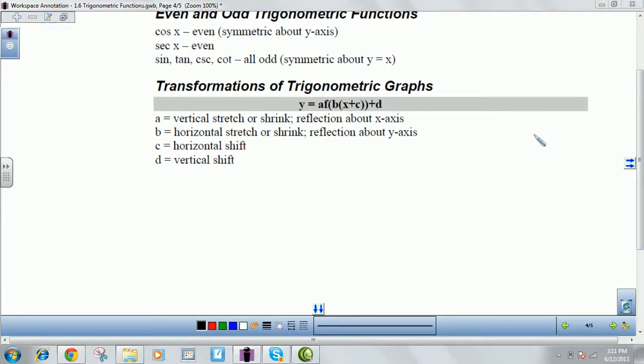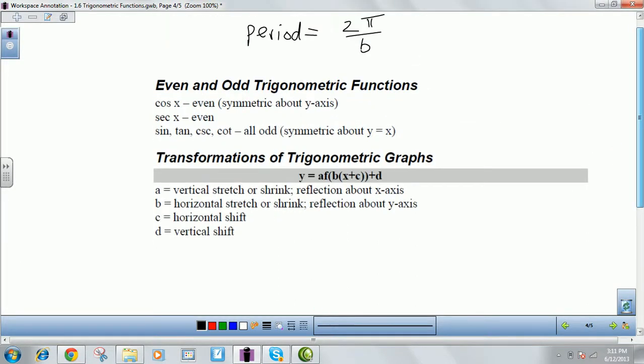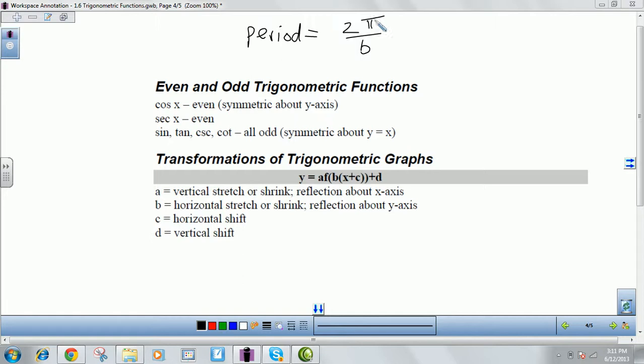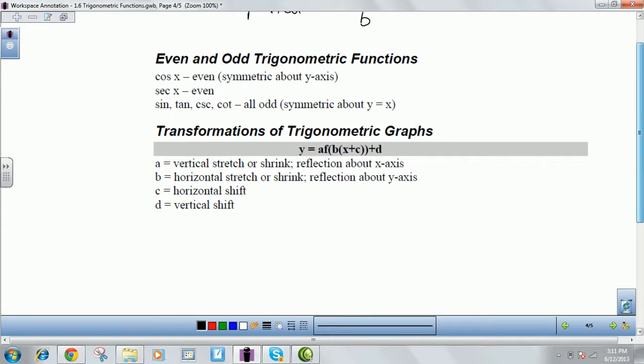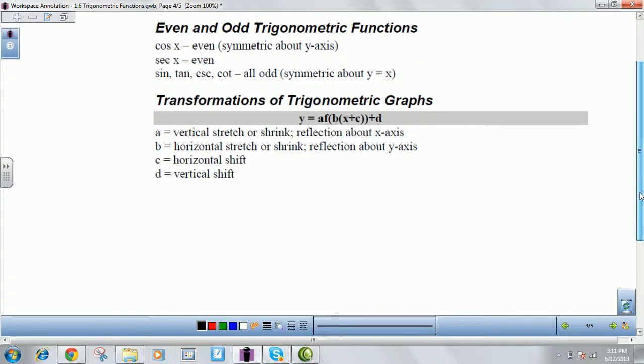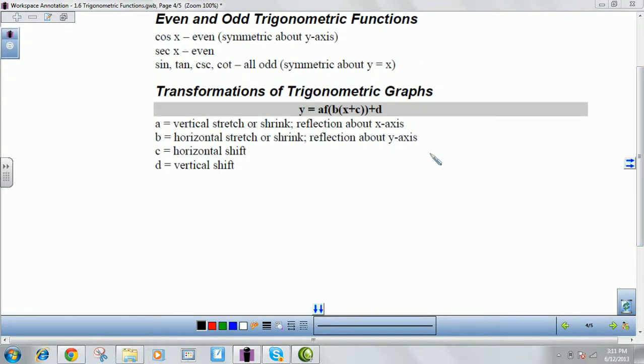Normally you would take the regular 2 pi if it repeats every 2 pi. Some functions repeat every pi, like tangent, so you just have to be familiar with which ones have a period of pi. Most other functions have a period of 2 pi, and you just divide that by b, and that tells you the period. Then C tells you the horizontal shift, and D tells you the vertical shift. So let's go ahead and try this example.